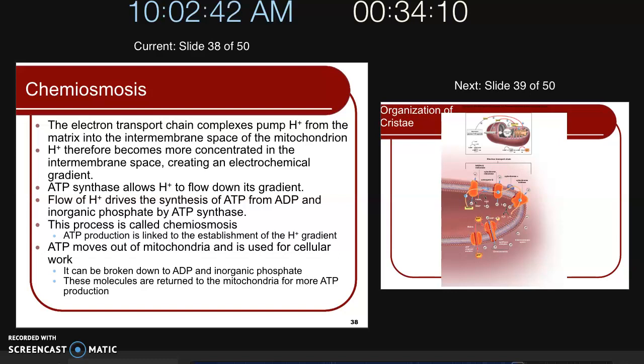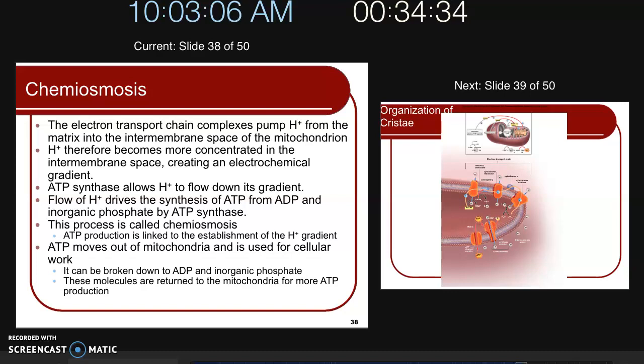And we kind of likened it to the turbines of a hydroelectric dam. You've got your hydrogens flowing through and then they generate the ATP out of ADP. It's a kind of poor analogy, but it gives you just an idea of high concentration driving an energetic reaction.